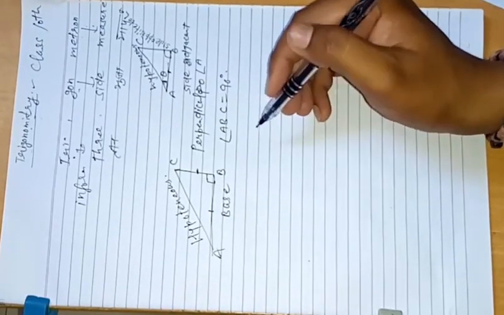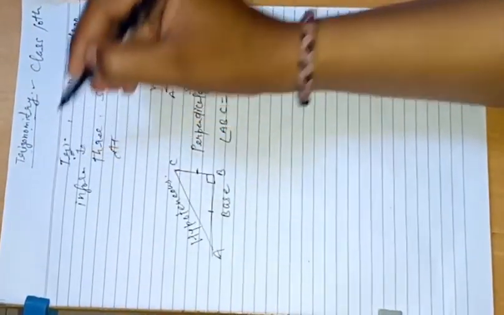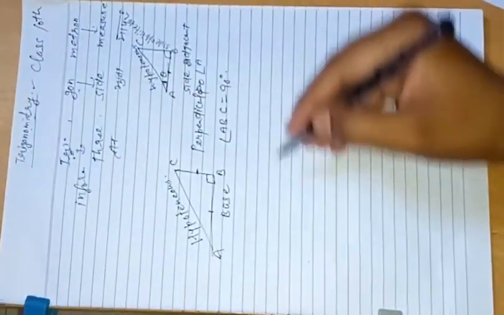So here trigon and metron. Tri, what is tri? 3.